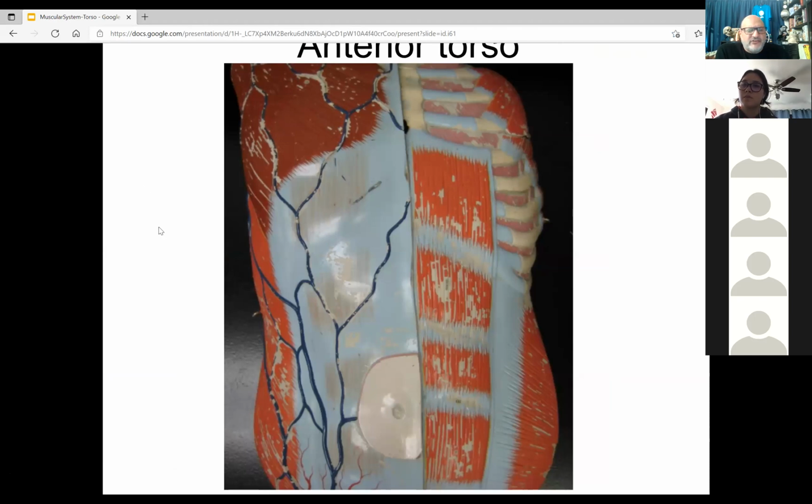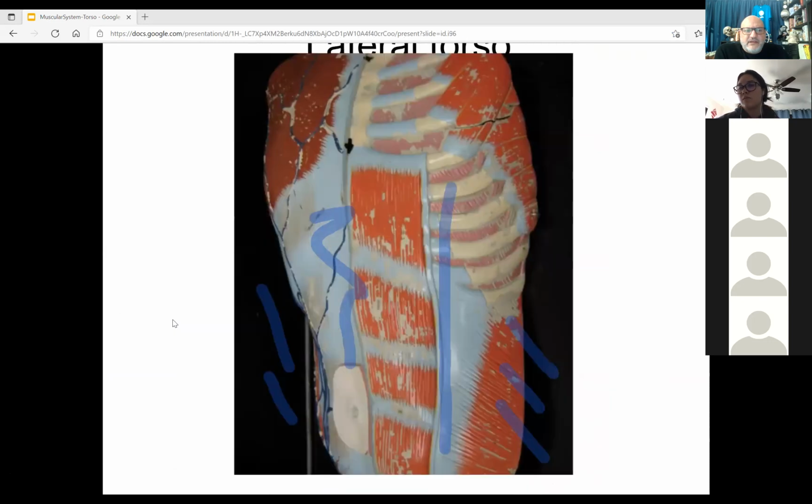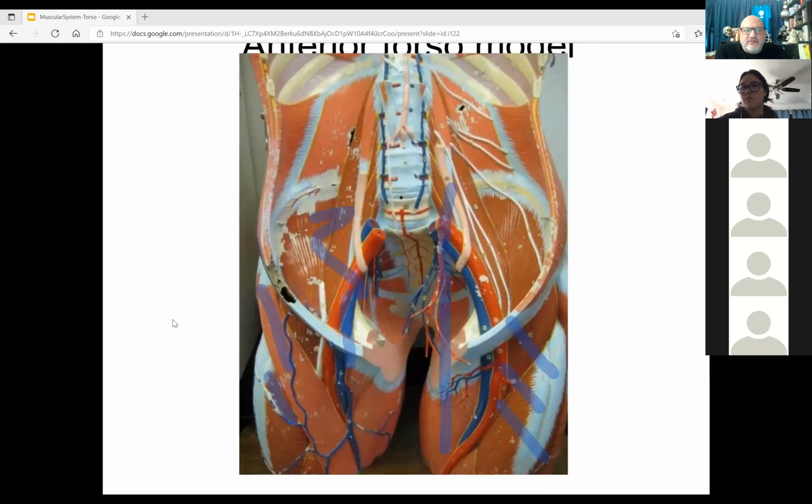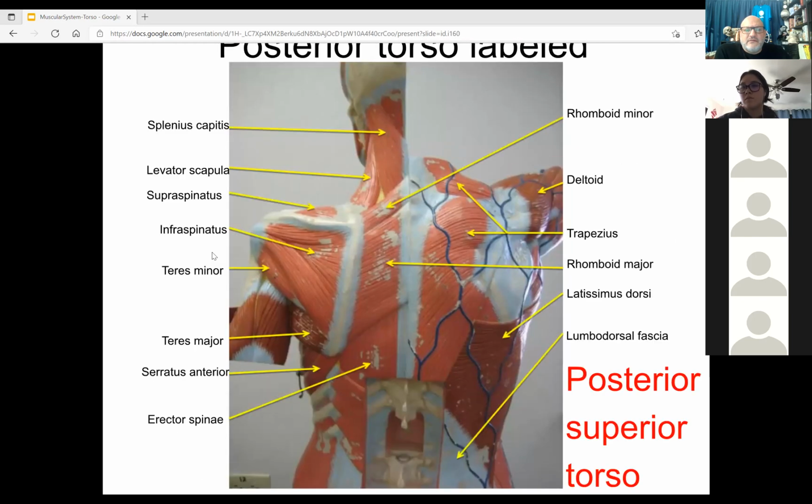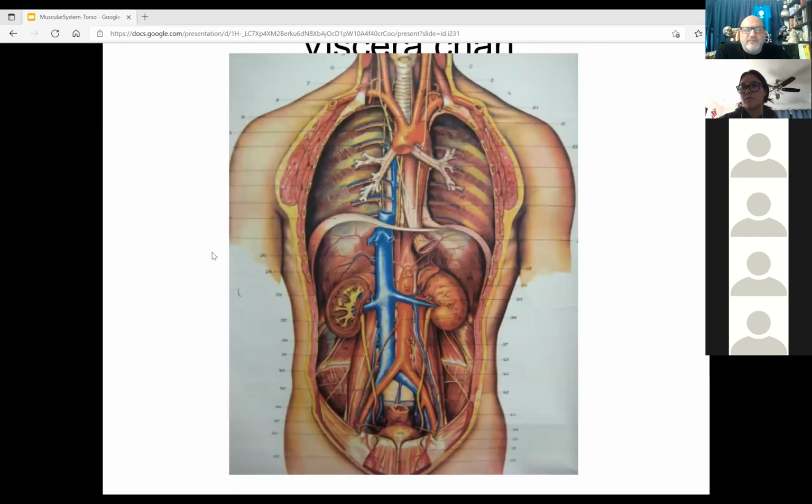Notice the anterior side where we can see the rectus abdominis, the external oblique, and its aponeurosis. On this side, they peel it off so we can see the internal oblique. Let's see if they give us the inside view. No, they don't. Here's a nice chart. The chart does a nice job of showing the diaphragm in place, so that's pretty good.